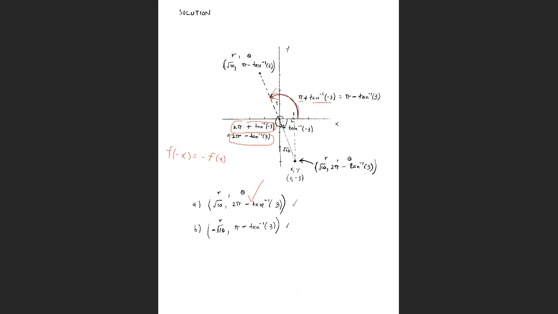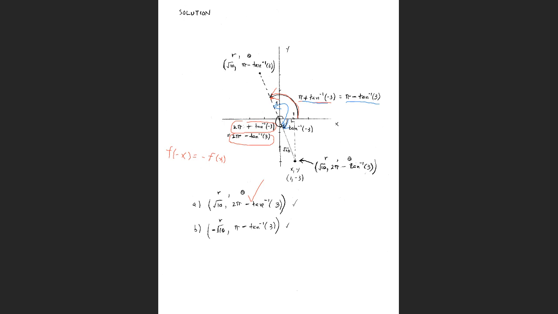I mean, think about taking this angle here, the arctangent of -3, and adding 180 degrees to it, that's going to get you back here. So the angle is going to be pi plus the arctangent of -3, or pi minus the arctangent of 3.